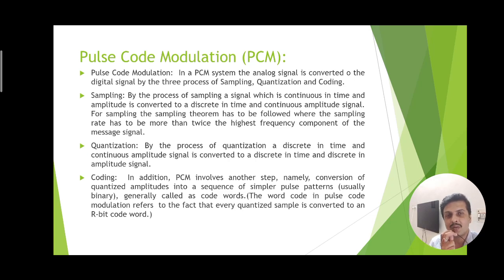We know for n binary bits there are 2 to the power n possibilities. So we have to see how many quantized magnitudes are possible. If it is m, then m should be less than or equal to 2 to the power n. In this way, n will be the required number of binary bits to encode each of the quantized magnitudes.